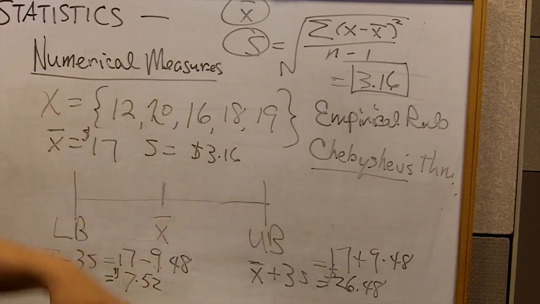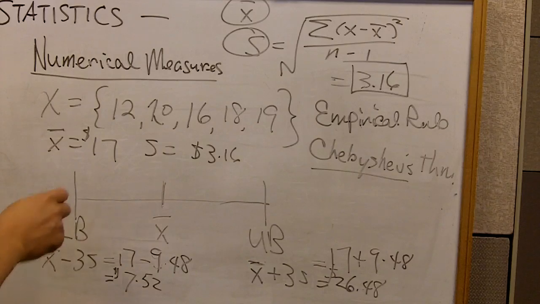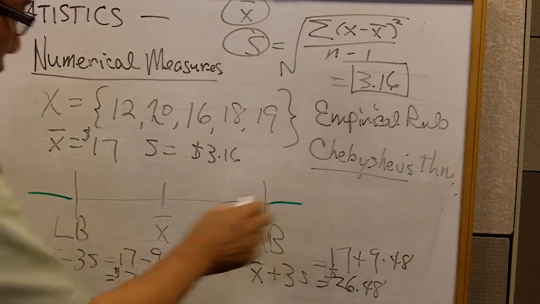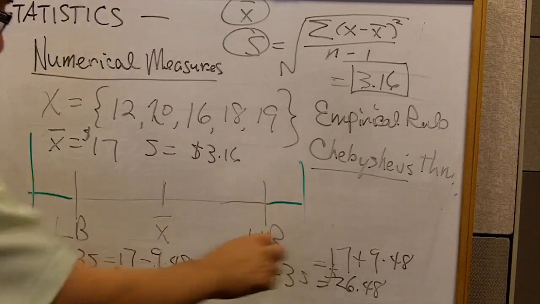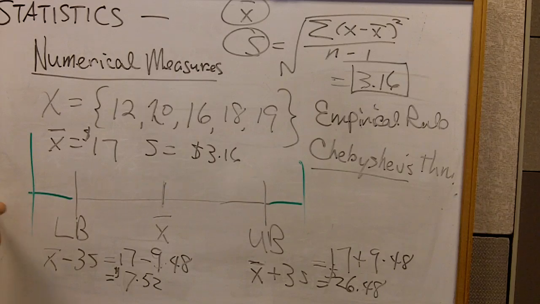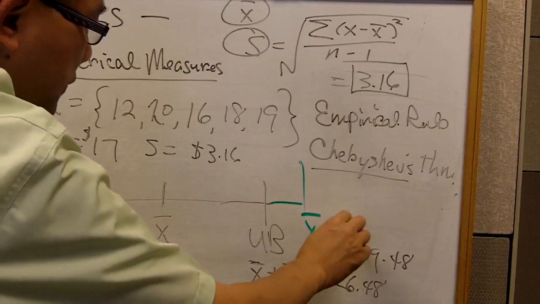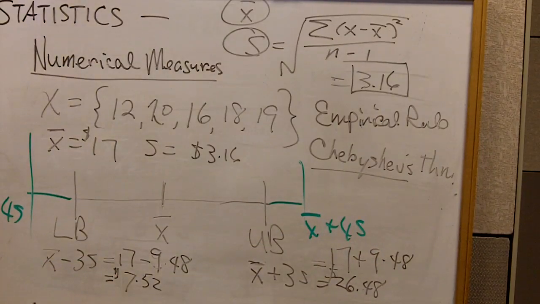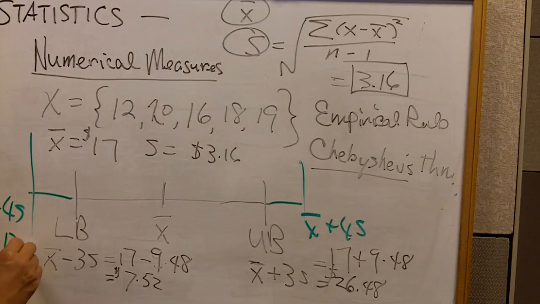So this is where Chebyshev's theorem would come in, and basically Chebyshev says we would have to go beyond 3 standard deviations, and it would be 4 standard deviations. So we have to add one more step. So that would be x bar minus 4s, and here is x bar plus 4s, and we can do the calculations. 4 times this would be 12.64.